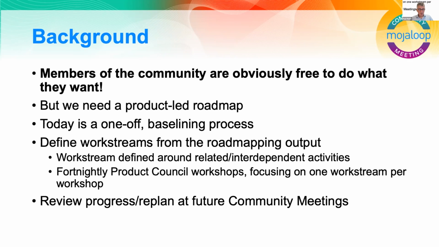We'll also be looking at establishing fortnightly product council workshops, focusing on one work stream per workshop, trying to drive progress reasonably efficiently. And we'll see how that works, and we'll try and review progress and potentially replan at future community meetings.